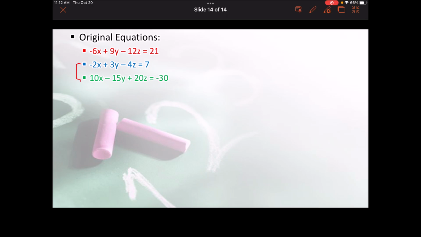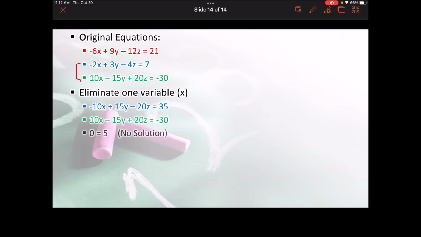So pause the video until you have eliminated your x variable. In order to eliminate, you need to multiply that second equation by 5, and then I just copied down the third equation. Adding those two equations together, I get 0 is equal to 5, which means there is no solution. I do not need to check anything else. I can stop right there with no solution.